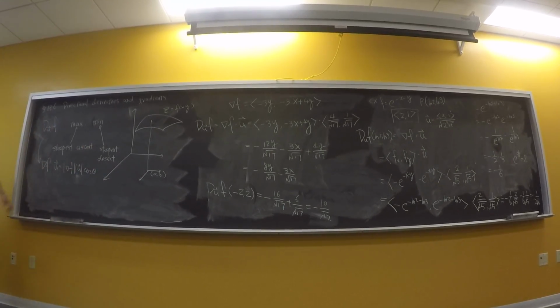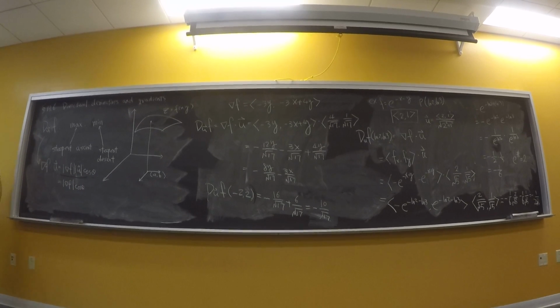As long as I can write it in this form, I don't need to worry about the middle value, because u is always a unit vector. It is just talking about direction. We already agreed we have to make sure this is of unit length. So this is just equal to the length of the gradient of f multiplied by cosine theta.